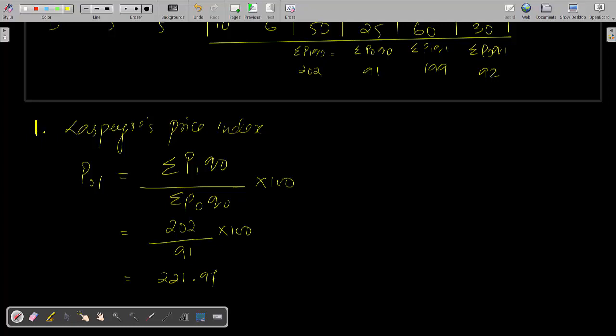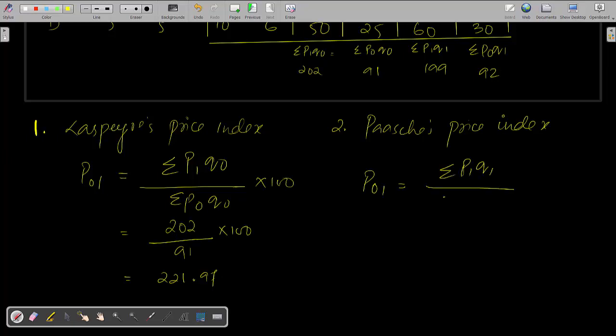Okay, so number 2 is Paasche's price index. In Paasche's price index, the formula is P01 equals sigma P1 Q1 divided by sigma P0 Q1 into 100.